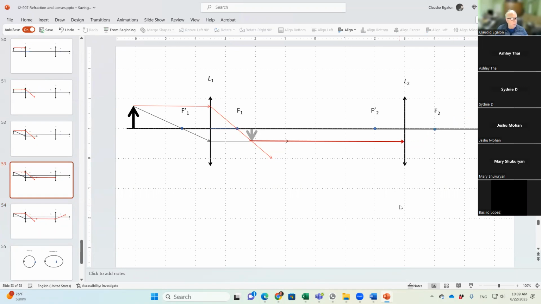Here we go. One more light ray, and let's do it a different color.